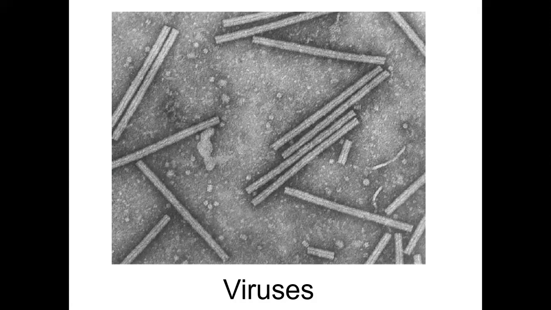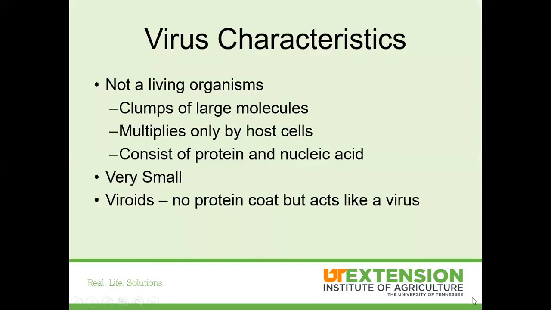And don't plant something that's going to be easily infected back in that same spot. We talked about soil sterilization. That is an option for controls on some diseases. But we can talk about that if you've got questions on soil sterilization. I won't get into the details of that right now.